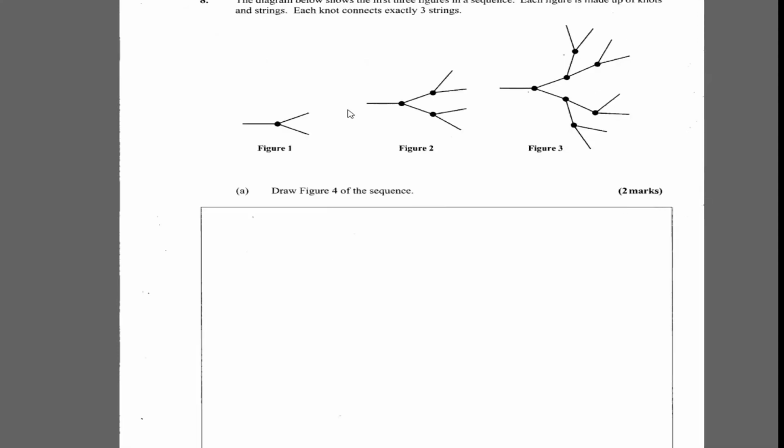These can be tricky sometimes, but to draw figure 4, start with a string and then start with the knot and draw 3 strings. So this would be figure 1. Notice that you put on 2 more dots and then connect 2 more here, 1, 2.